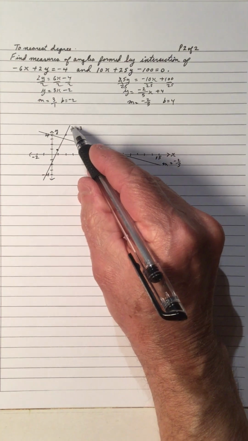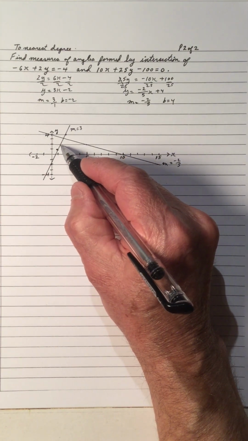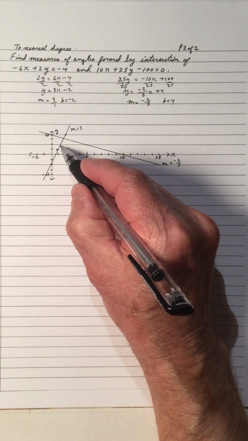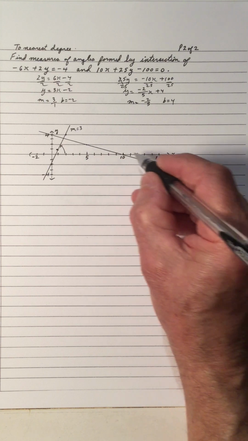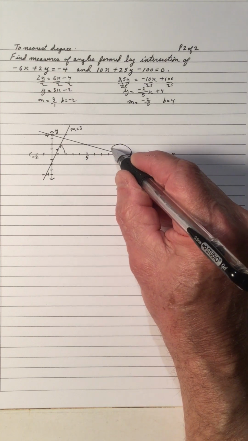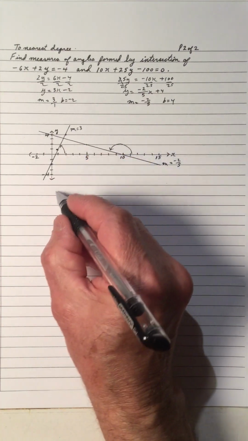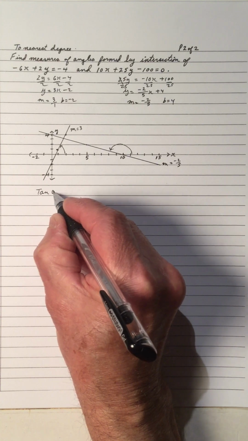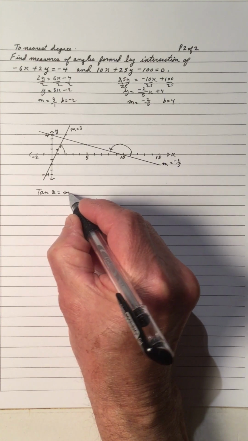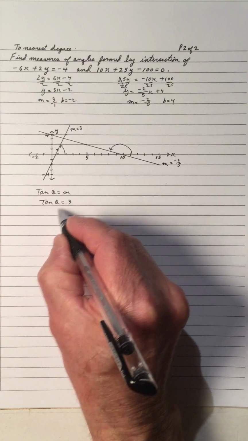Because this line has a slope of 3, the angle of inclination is right here. Because this line has a slope of negative 2/5, the angle of inclination is here. So let's get what these angles are. In relation to this line, the tan of theta is equal to the slope, so tan theta equals 3.